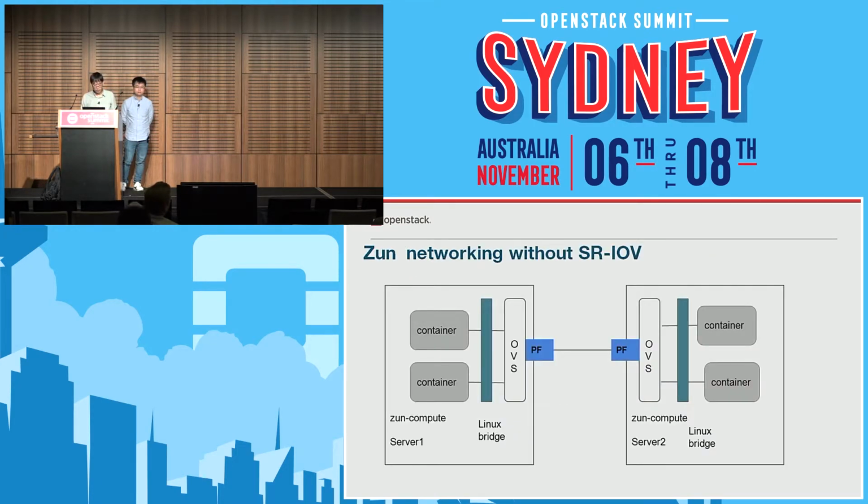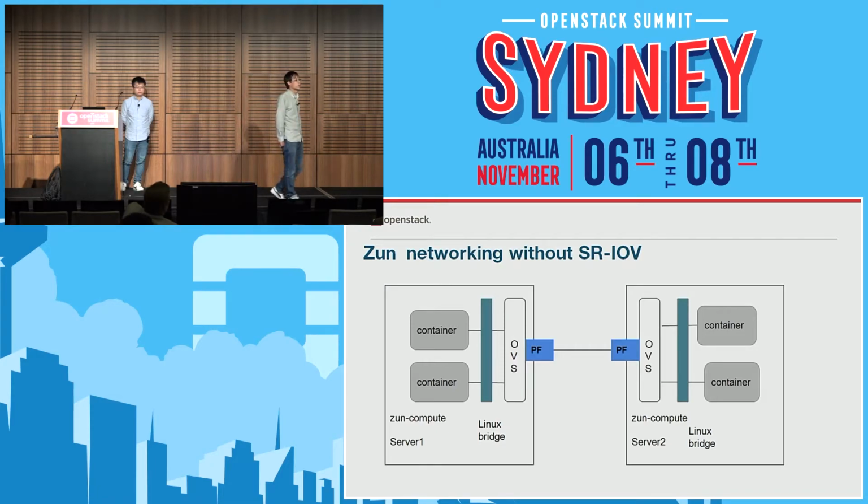So the first one is we compare Zun networking using SR-IOV and without SR-IOV. The first is without SR-IOV. This is what we have; we currently use it without SR-IOV.